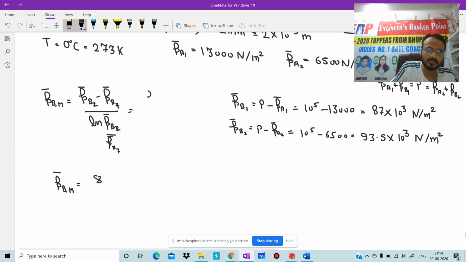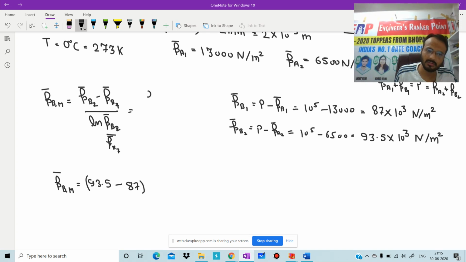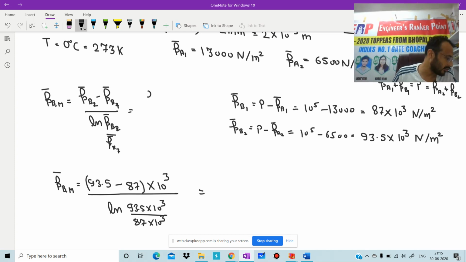Then apply this formula: 93.5 into 10 to the power 3 minus 87 into 10 to the power 3, divided by ln of 93.5 into 10 to the power 3 by 87 into 10 to the power 3. Very simple. After solving, we will get the value of this one, 90200 Newton per meter square, because this will have no unit.